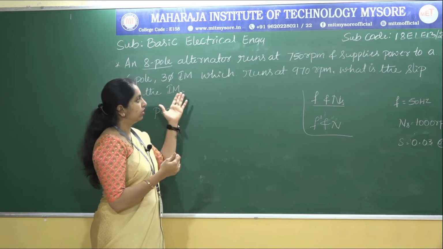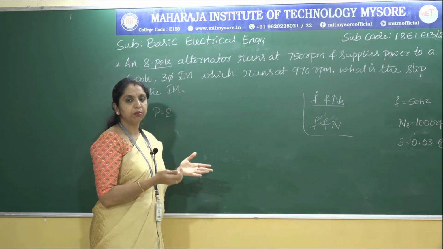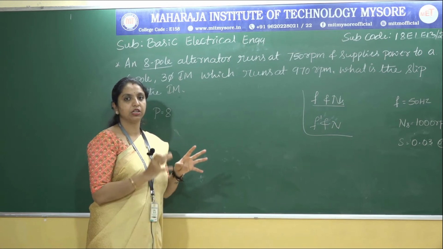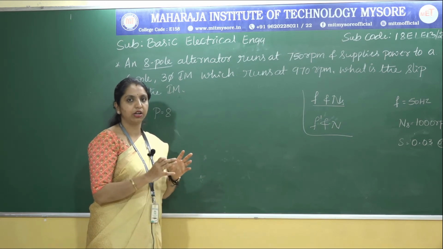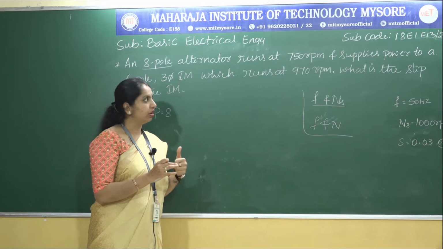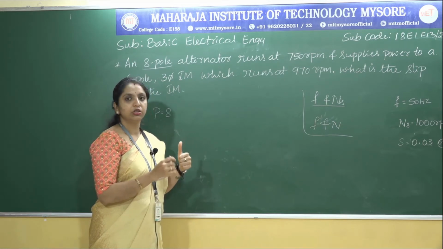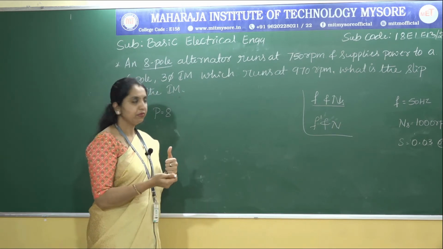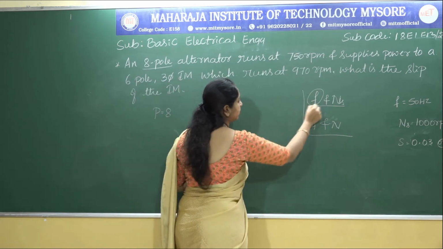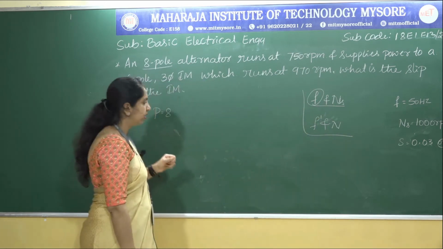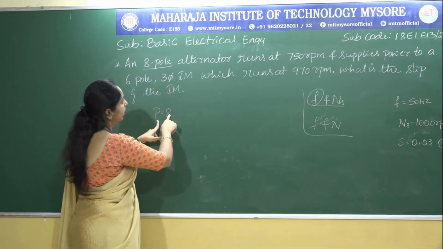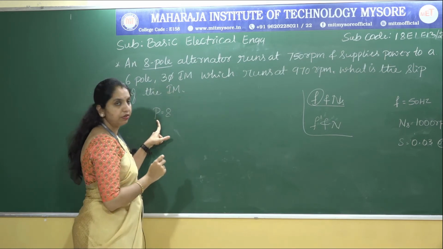In any problem, if the values are related to an alternator, you need to understand that you have to find the frequency, that is, the alternating frequency f. P is given as 8 and it runs at 750 RPM.